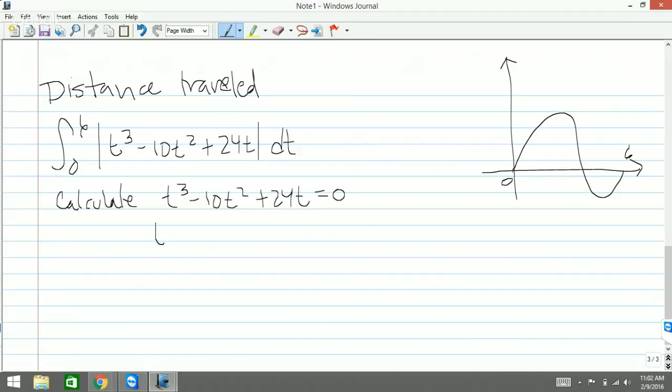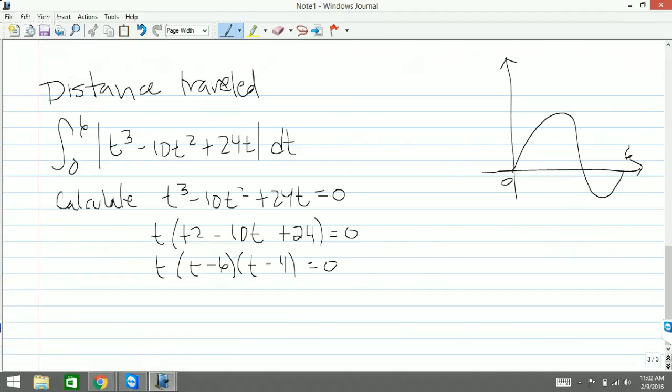Okay. And then we can factor. Okay, you said 12 and 2. Does that work?